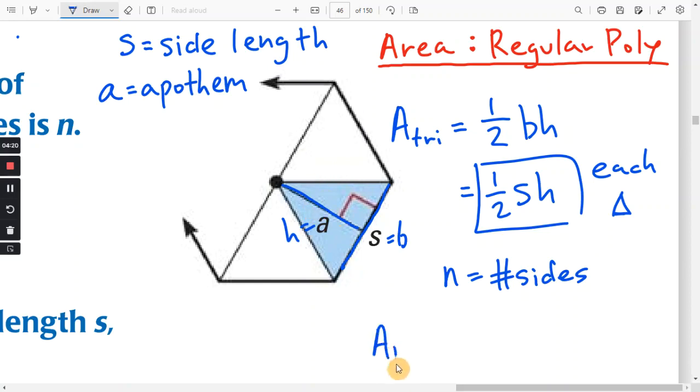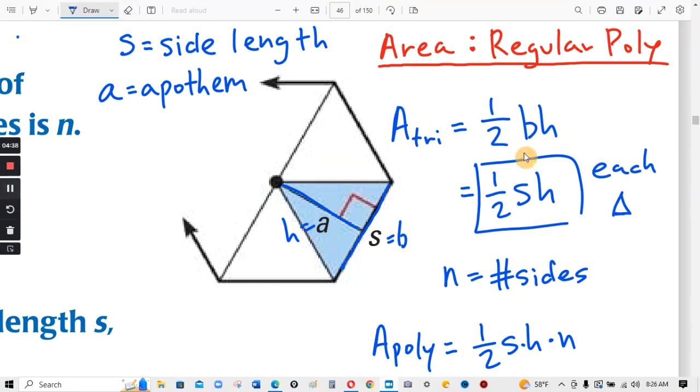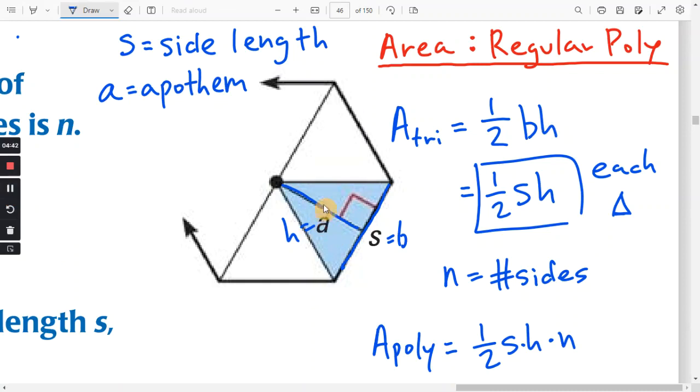The area for the whole polygon is going to be each triangle, which is 1/2 S times H, times the number of sides, which is N. I'm sorry, one little mistake I made. In place of the height H, I was supposed to substitute the apothem A. So in place of H, I'm going to make that an A. That's for each triangle.